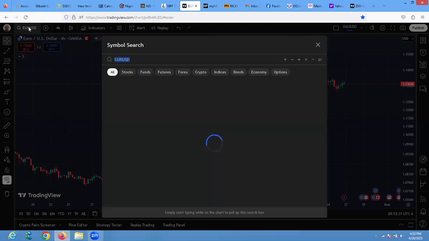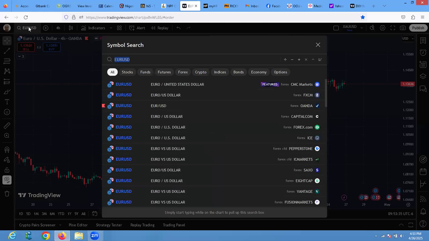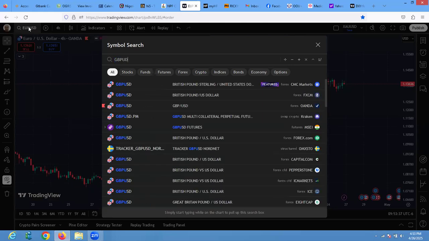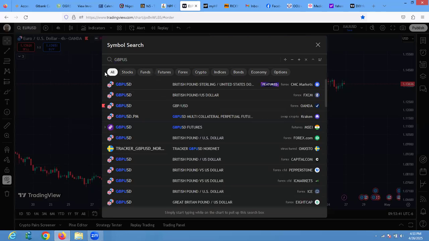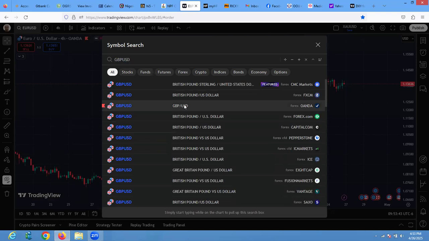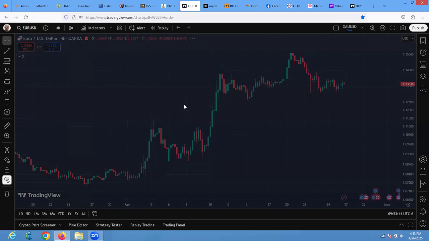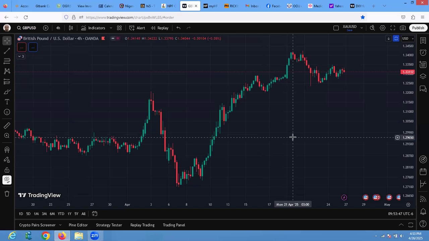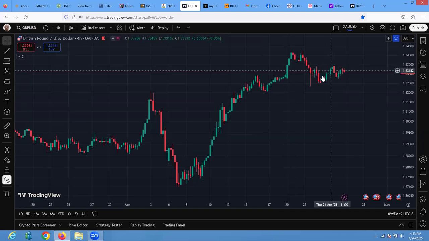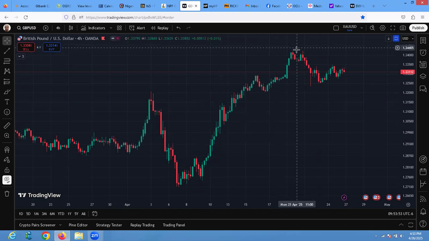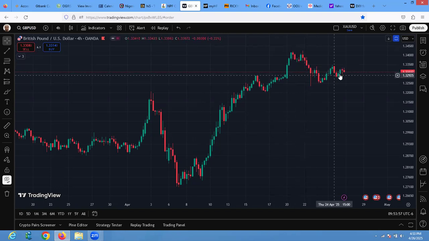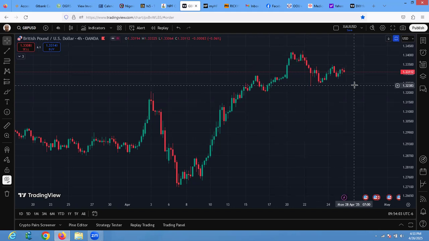Pound USD. Pound USD. What to expect on Pound USD? With the kind of movement we are seeing that is going to play out here on the Pound USD, eventually this might just be a wave 4 and a wave 5. This may also go up, break the top before we come down.